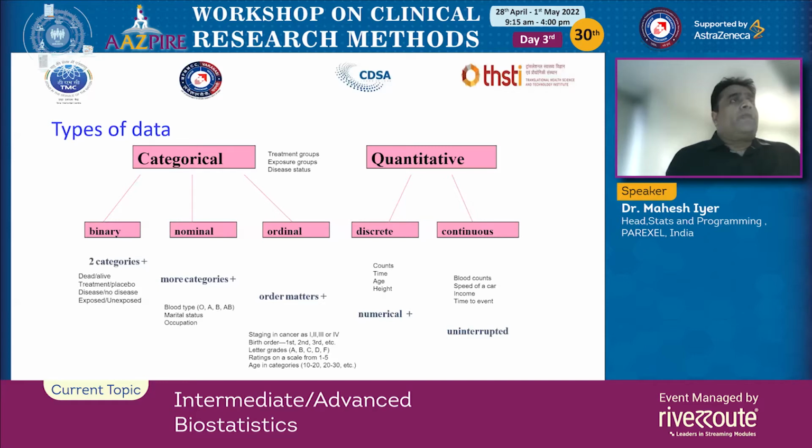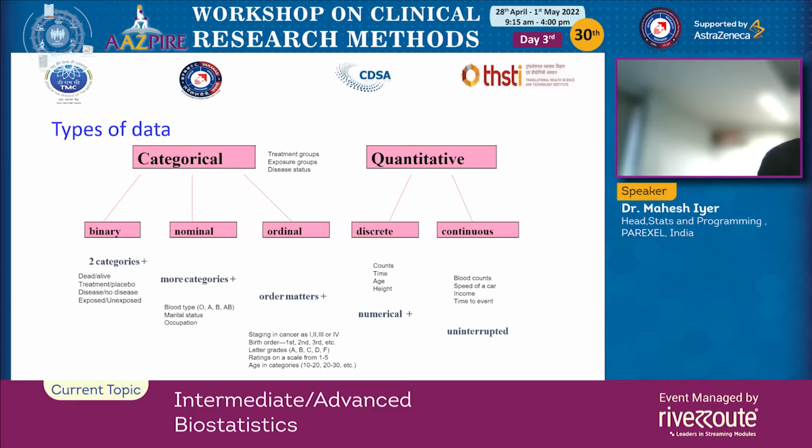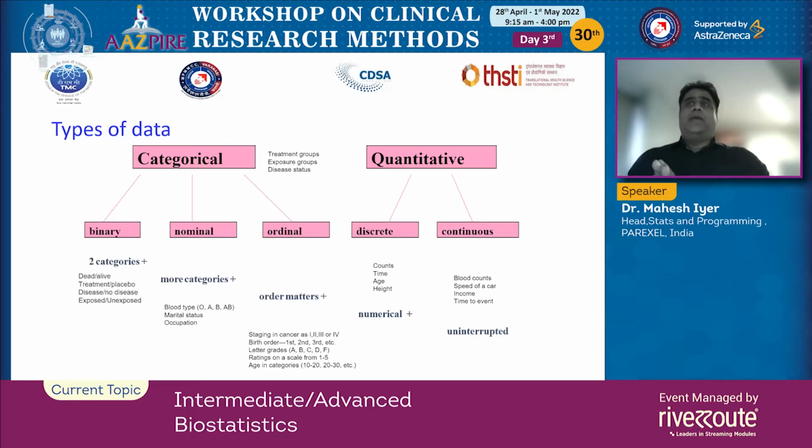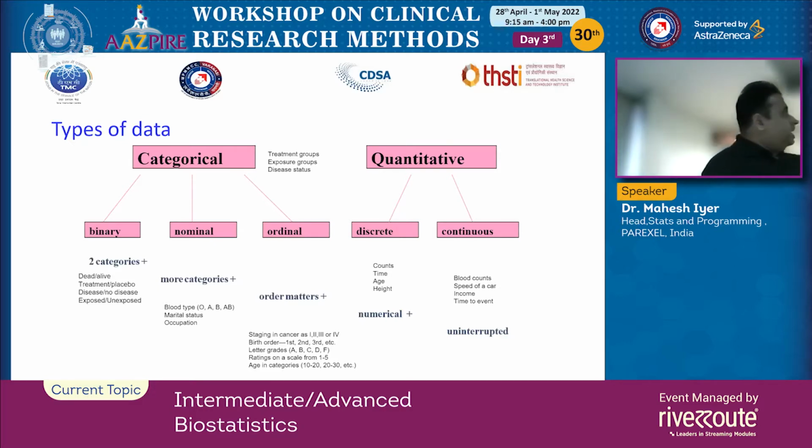Examples of binary data. Yes or no. Dead, alive. Male, female. Binary. Exactly. The whole movement now is towards non-binary gender, so that's why you don't see gender written there.